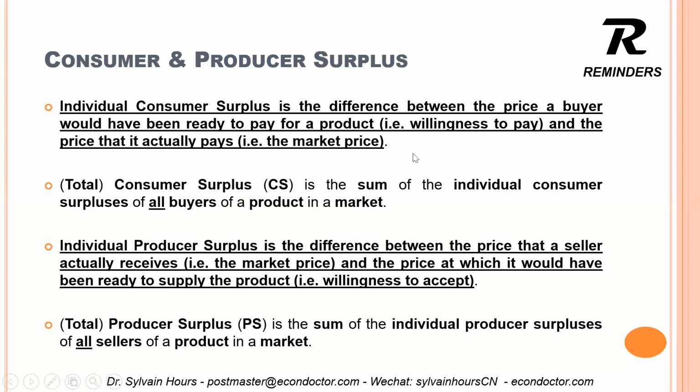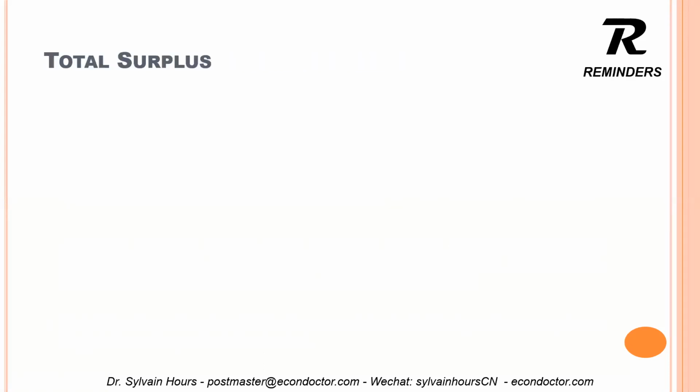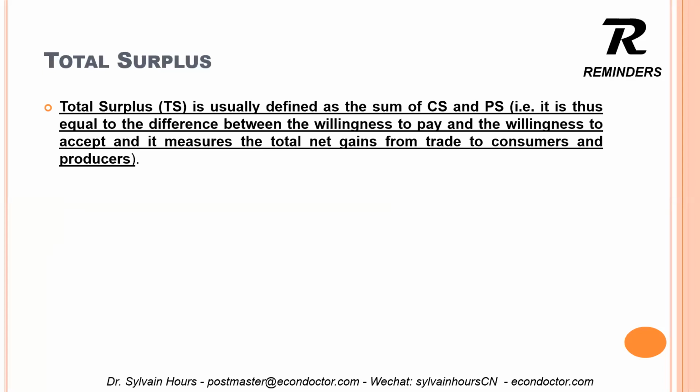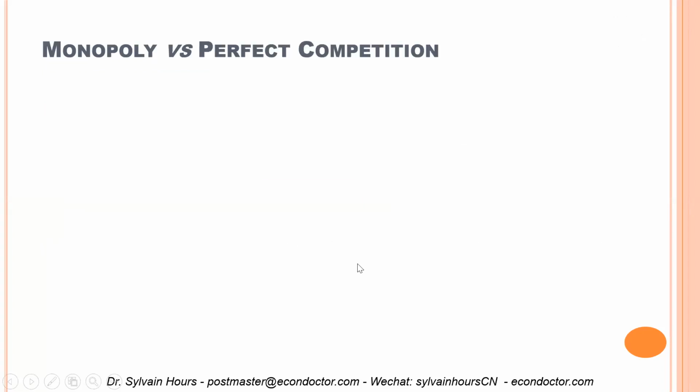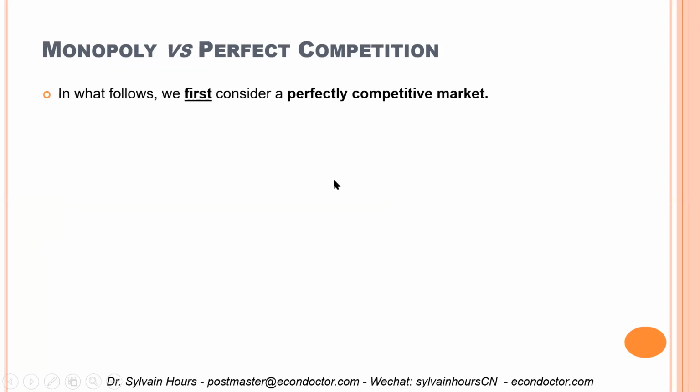I will probably organize a webinar specifically dedicated to these concepts. So I'll skip this for now, but it's useful to help your students review the difference between consumer surplus, total surplus, producer surplus, and so on.